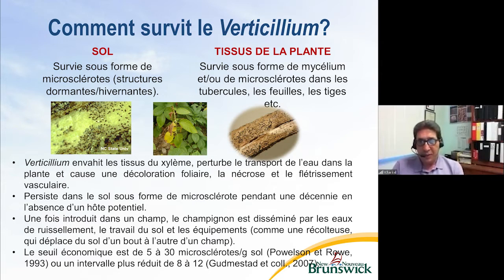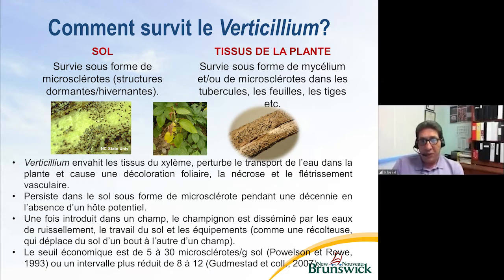And once you plant a susceptible host, whether that is potatoes or others, which I'll show you later, then it will reactivate itself and infect these crops. Once it's introduced into the field, the fungus spreads rapidly by runoff water, cultivation and machinery such as harvesters, which transport the soil which has the fungus in it, or the nematode, from one part of the field to another.